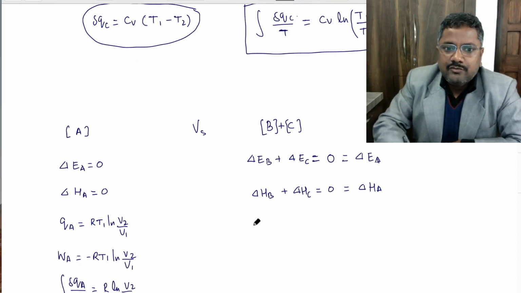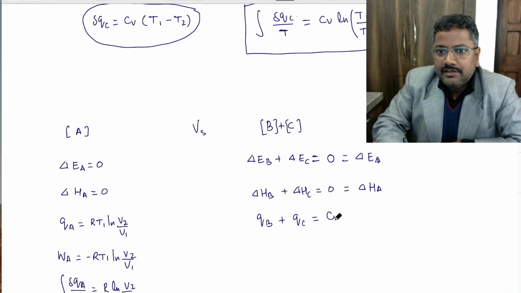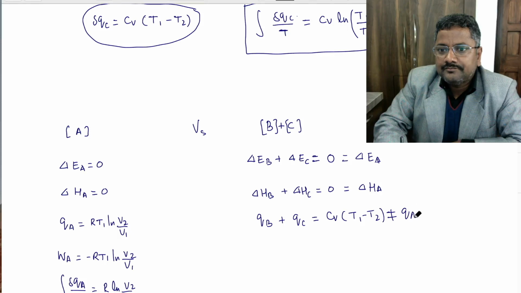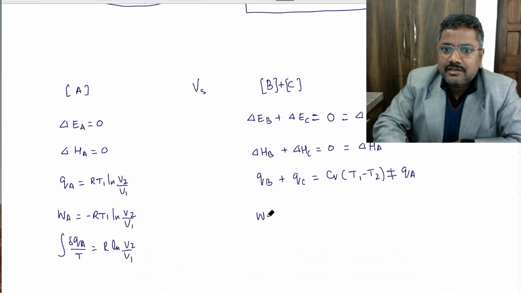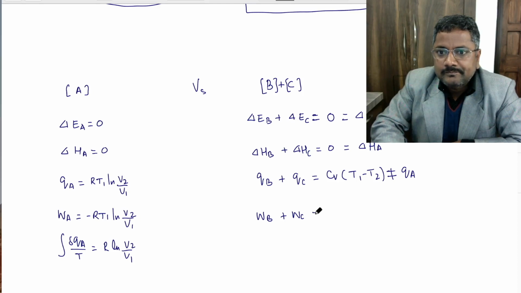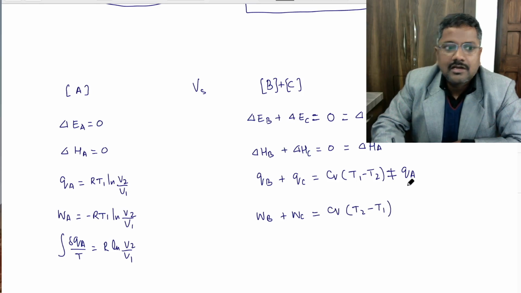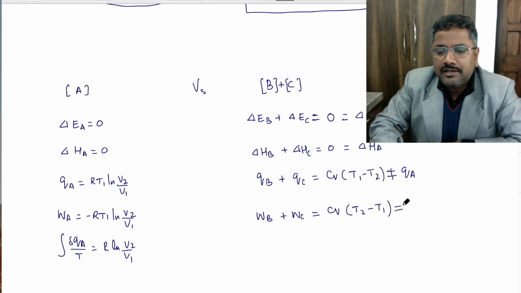Now QB plus QC is equal to CV (T1 minus T2), but this is not equal to QA. Similarly, WB plus WC is equal to CV (T2 minus T1), but this is not equal to WA.